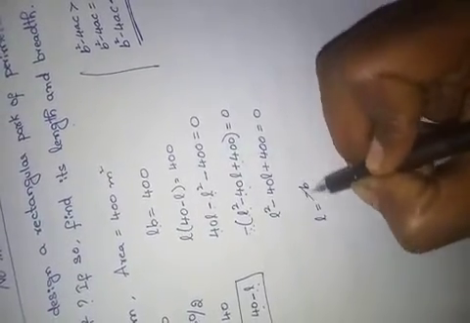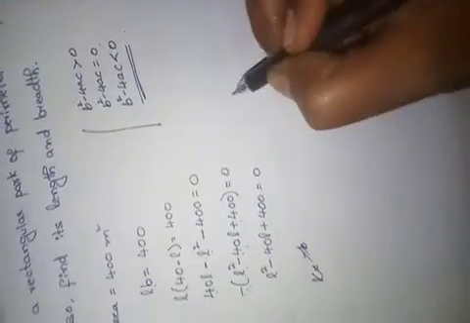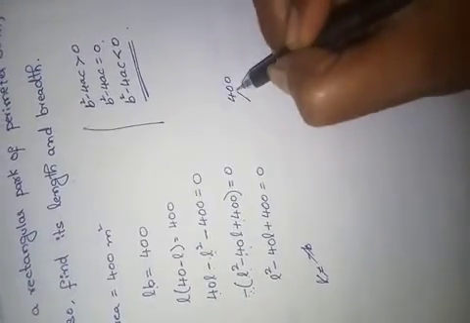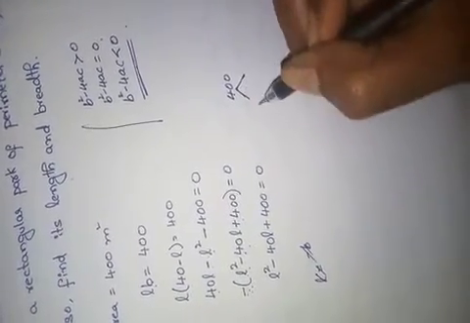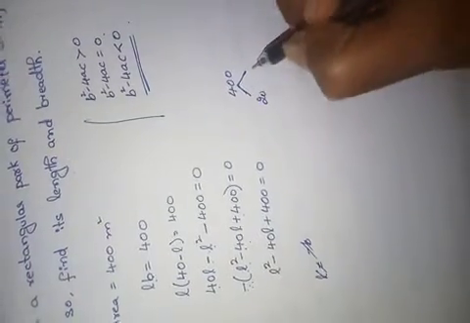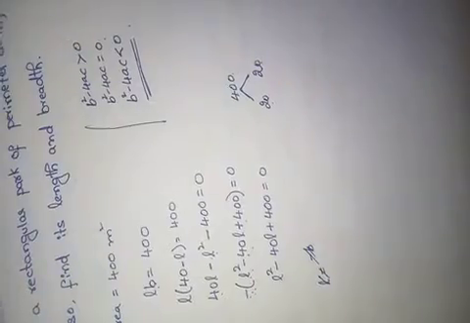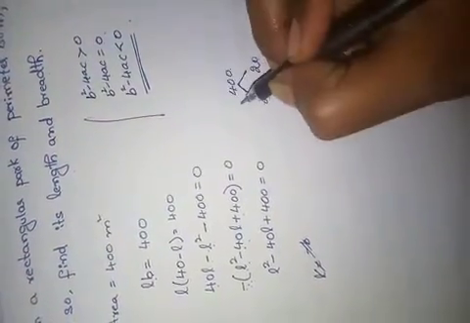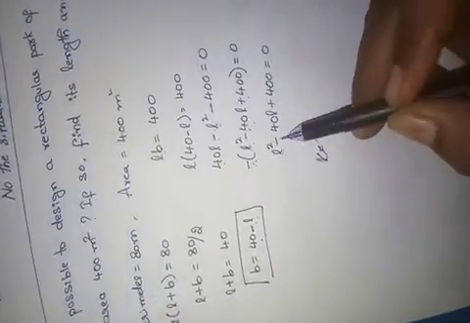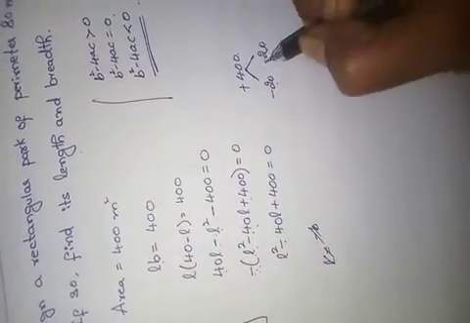For this, do you need the quadratic formula or factors? 400 is 20 into 20. 2 2s are 4, 0 into 0, 0, 0. The symbol here is plus and here is minus, so keep minus for both.